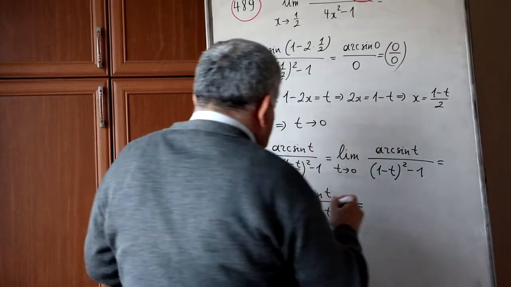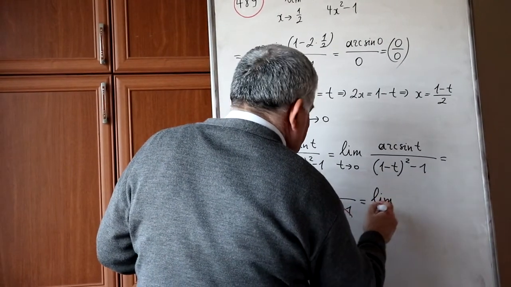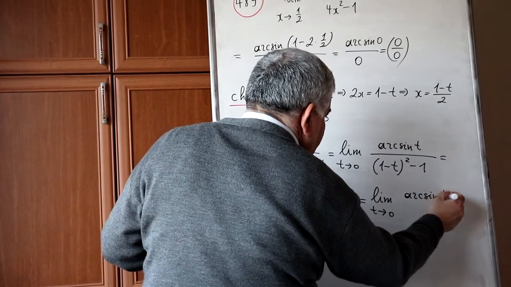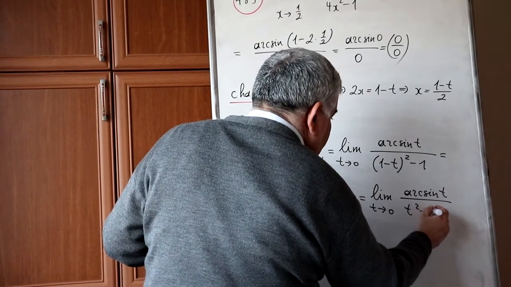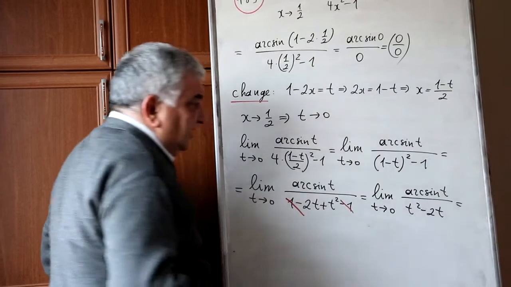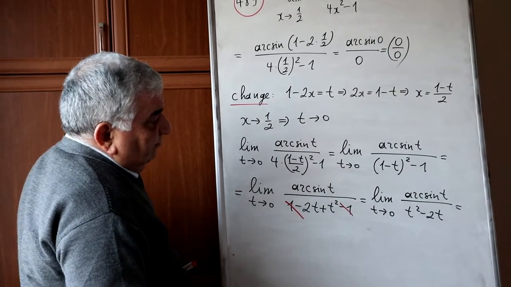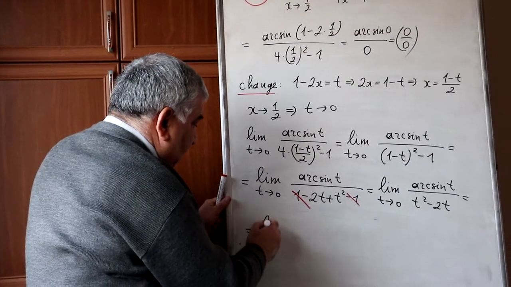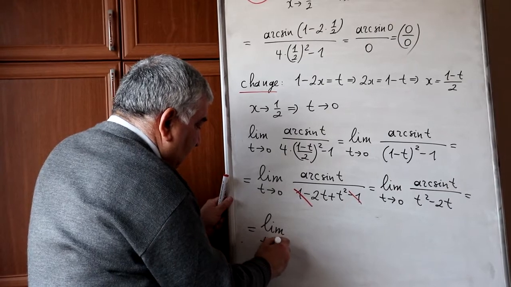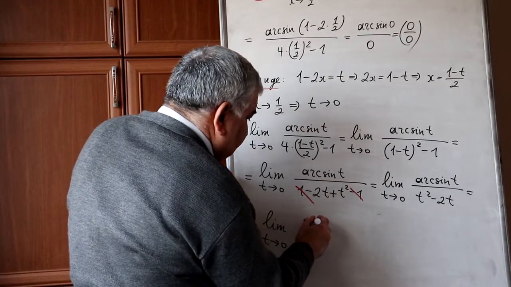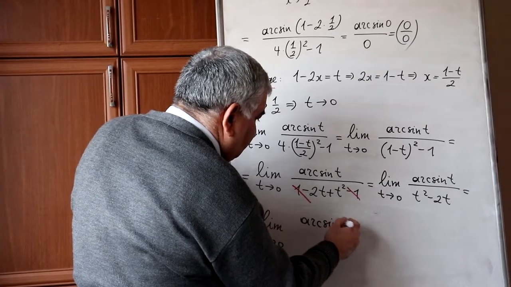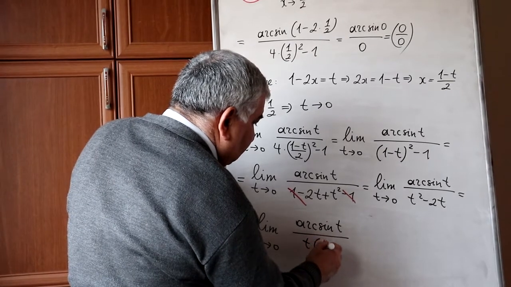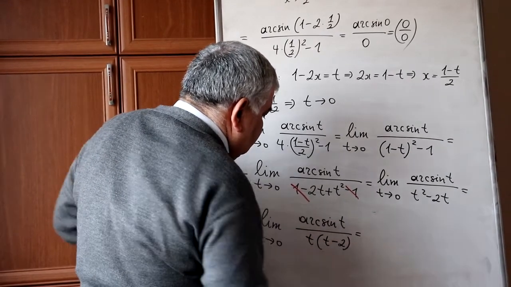Then we have limit when t tends to 0, arcsine t over t squared minus 2t. Then we can take t out of the parentheses in the denominator. Limit when t tends to 0, arcsine t over t multiplied by (t minus 2) equals.